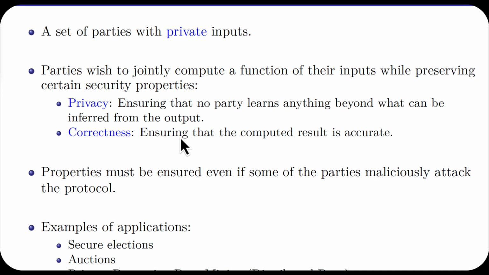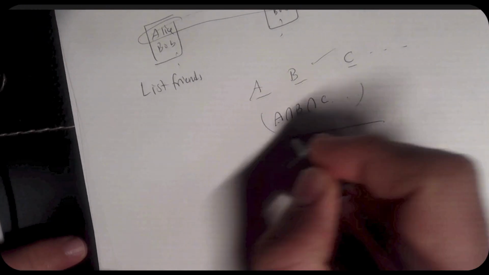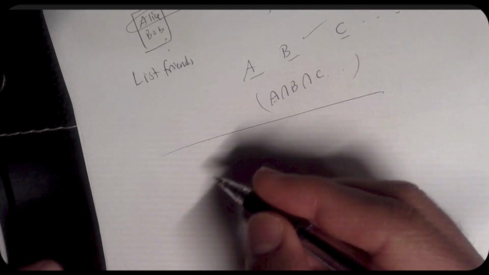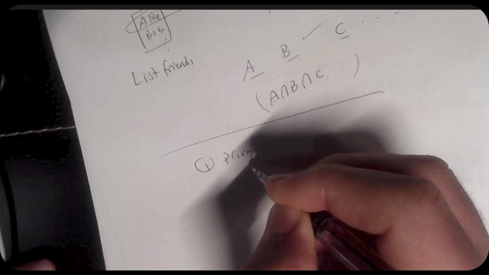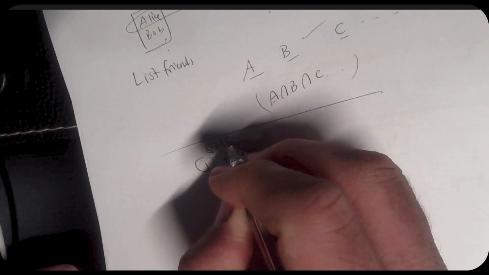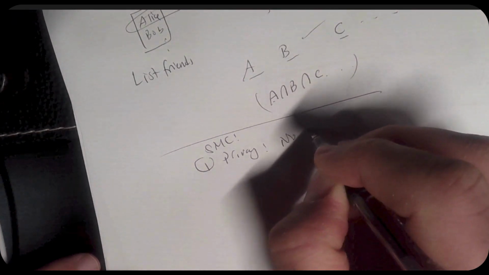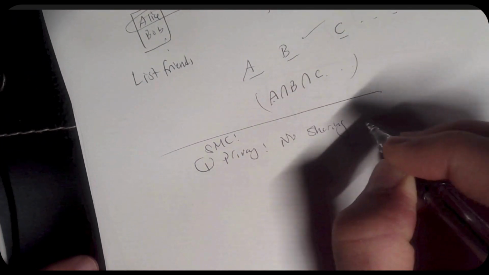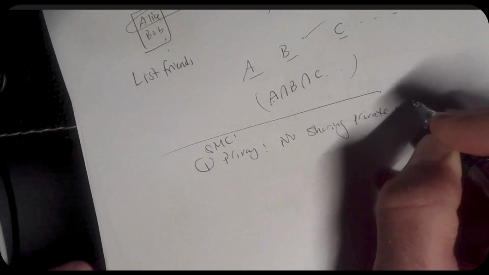Correctness means ensuring that the computed result is accurate. So let me recap: the first requirement of secure multi-party computation is privacy, meaning no sharing of private info.